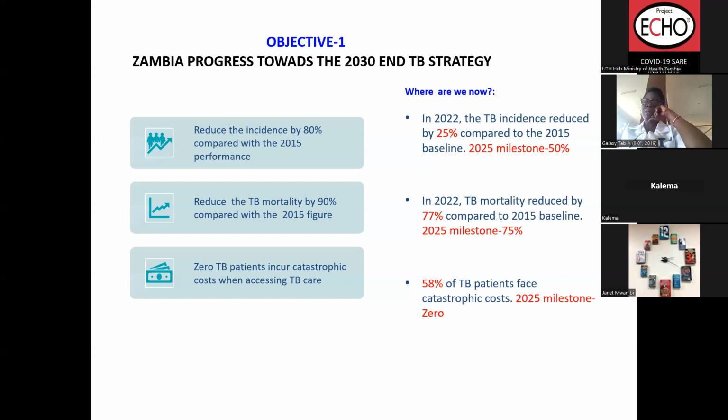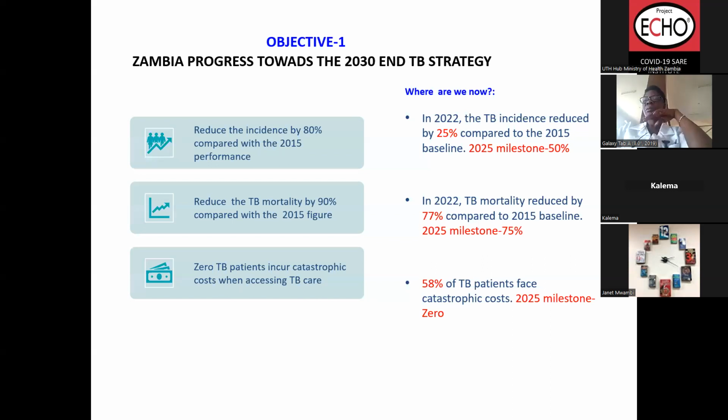Now, based on 2015, it has milestones for 2020, 2025, and 2030. By 2025, since we've already passed 2020, we are looking at reducing the incidence by 50%, and as a country we have only achieved a 25% reduction. When it comes to mortality, we are supposed to reduce it by 75% in 2025, and as a country we have already passed this milestone.